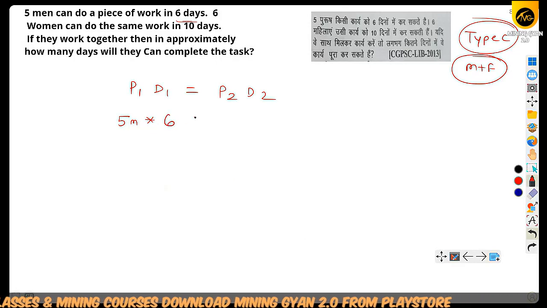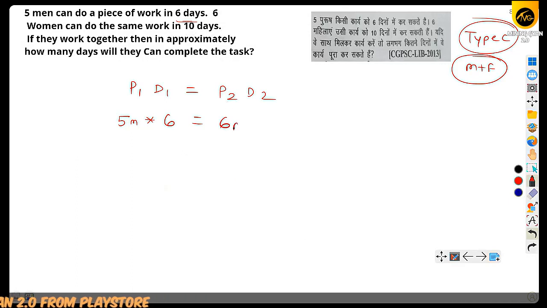D1 is 6. Now the second condition, P2, that means 6 women can do the same work in 10 days, so it's 6 female. So 6f into D2 is 10, right?